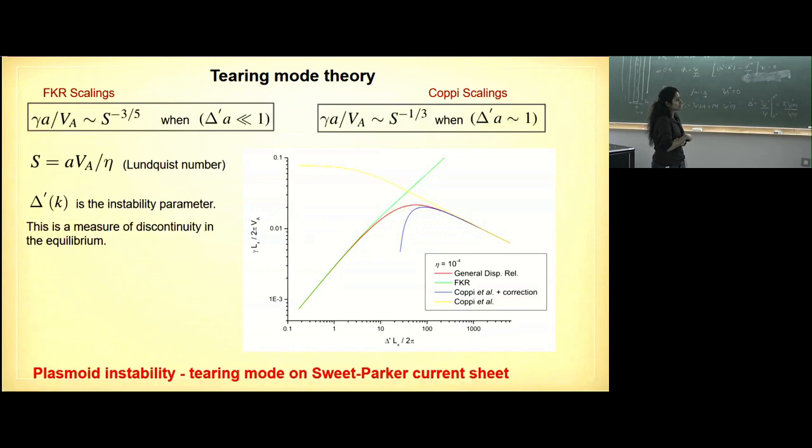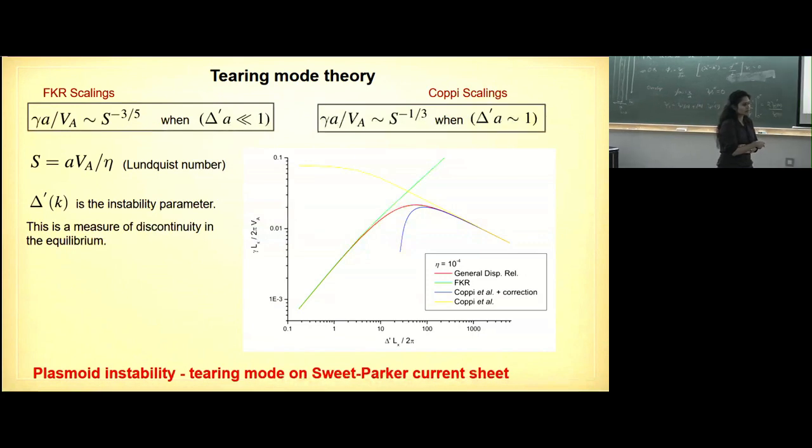They could be the same, but maybe that will not trigger the tearing mode then. But this scaling seems to say that there's a connection between that length scale and this length scale. Yeah, depending on my equilibrium, there will be a connection. I can write down how delta prime goes as A and so on.